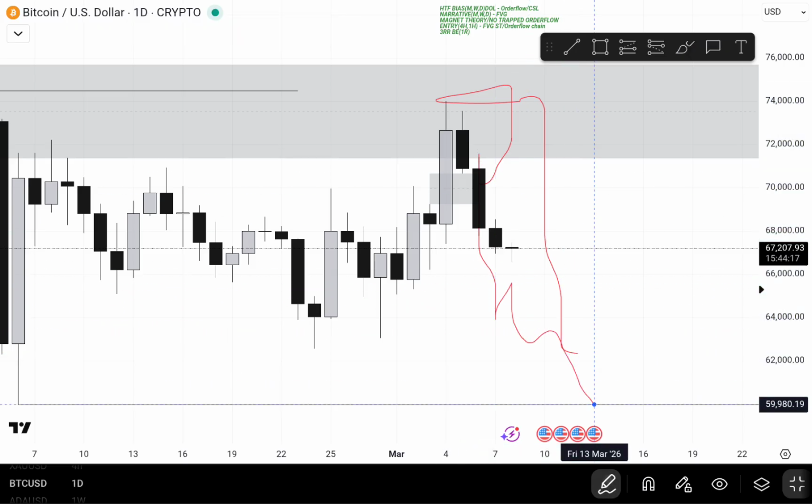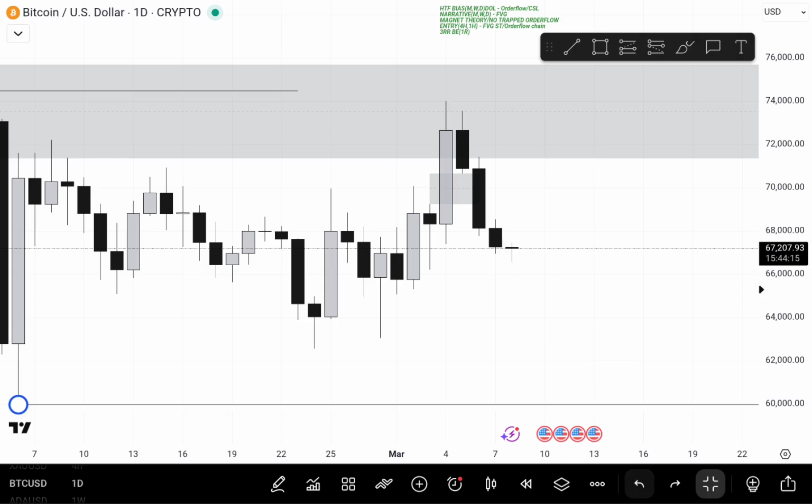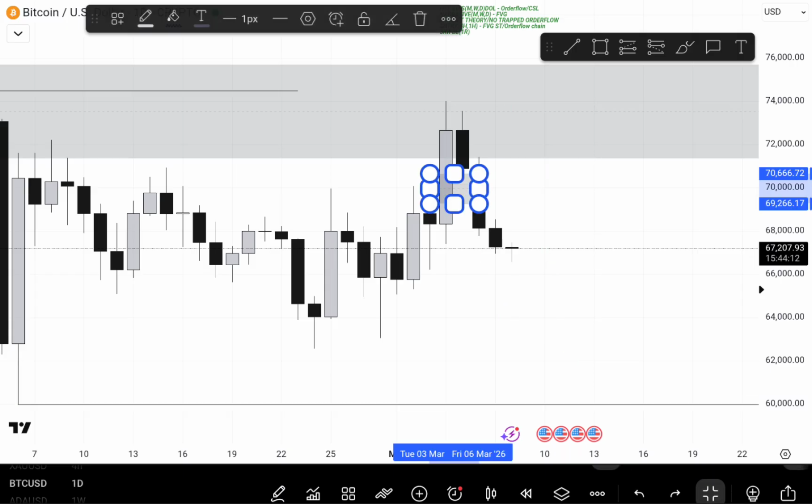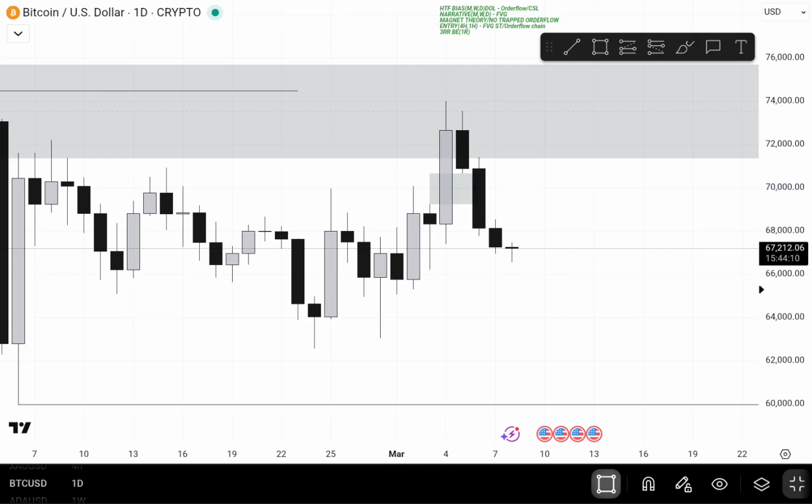And we can see that price already disrespected it, and we are moving lower, and we are creating a bearish fair value gap out of that weekly level, which is strong, showing that we have strong bearish intention.